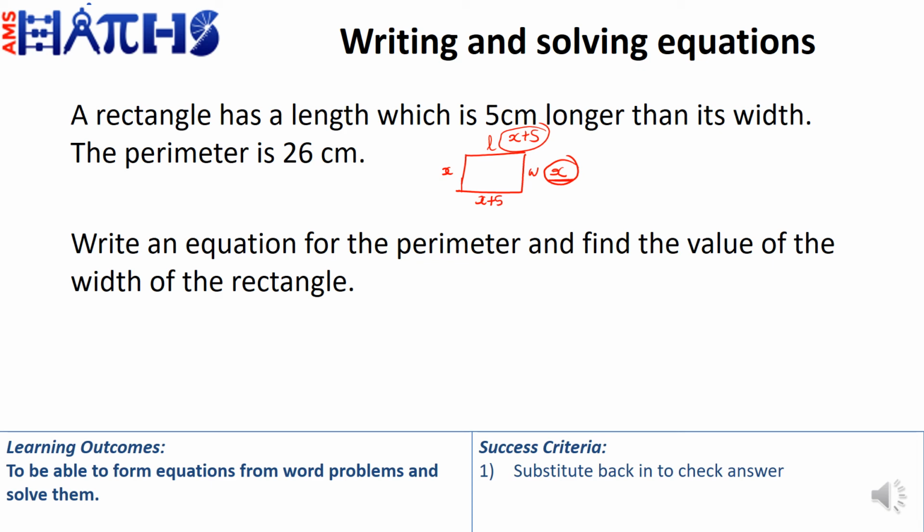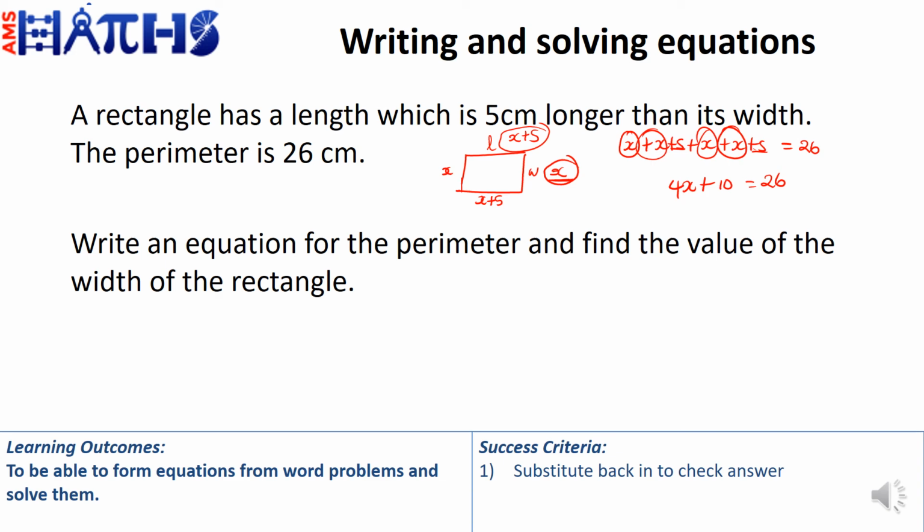So now we just write our equation: x plus 5 plus x plus 5, and that perimeter is equal to 26. So we can simplify: 1x, 2x, 3x, 4x, and then 5 plus 5 is equal to 10, so 4x plus 10 is equal to 26. And then all we now need to do is solve the equation.